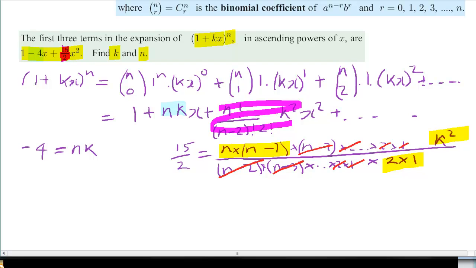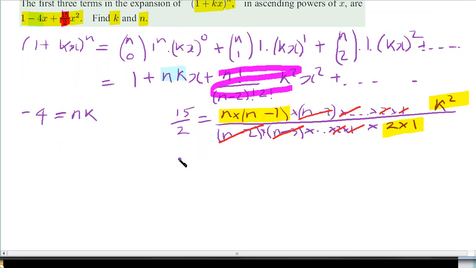So let's simplify that expression. We get 15 over 2 equals n times n minus 1, which is n squared minus n, times k squared. I'm not going to multiply this all out, for good reason in a minute. And that's all over 2 times 1, which is 2, so we can cancel out these two 2's, which leaves us something a bit simpler.